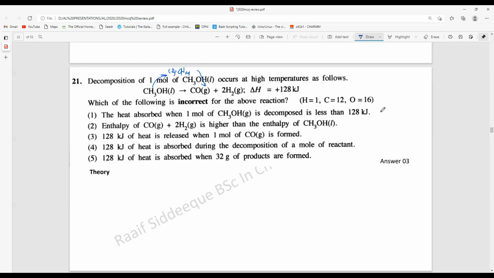However, the first statement says directly methanol gas gives you this CO plus 2H2 gas. Okay. So get the idea.